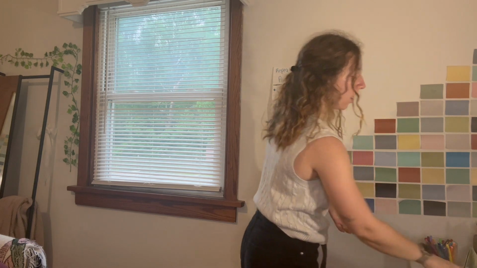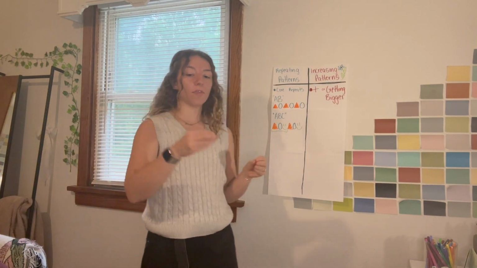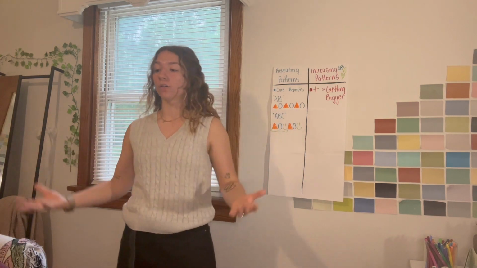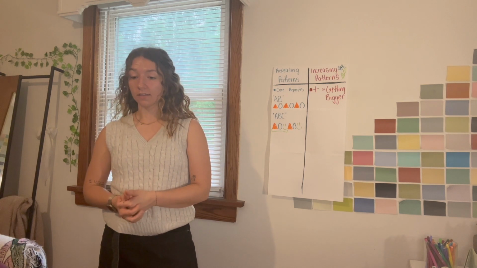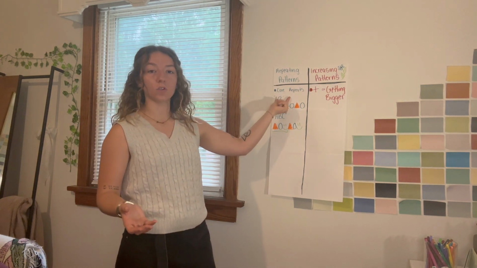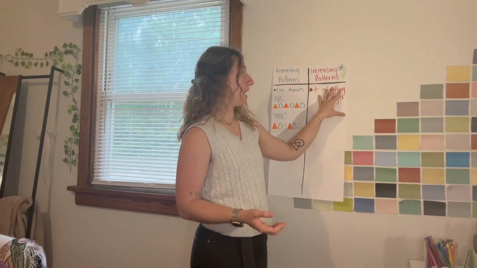All right, so what gets bigger? What component of the pattern sequence is growing and getting bigger? Yes, Olivia? Yeah, the core, right? We're adding to that core. Both repeating and increasing patterns have the core.